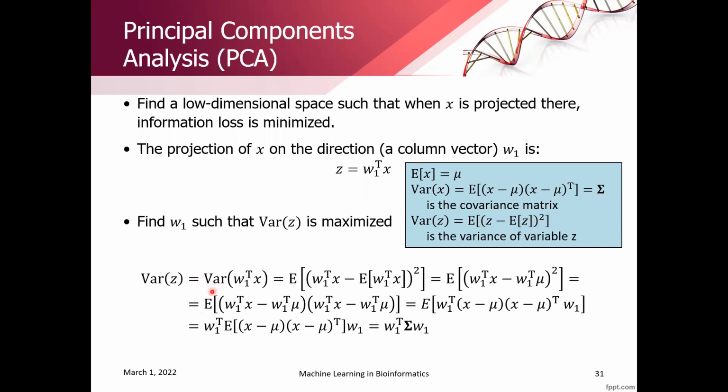Let us look at the derivation of that. So z is w sub 1 transposed times x, so it's substituted here. Next, we use the formula for the variance. So we have w sub 1 transposed times x minus the expected value of the same, and the whole squared.